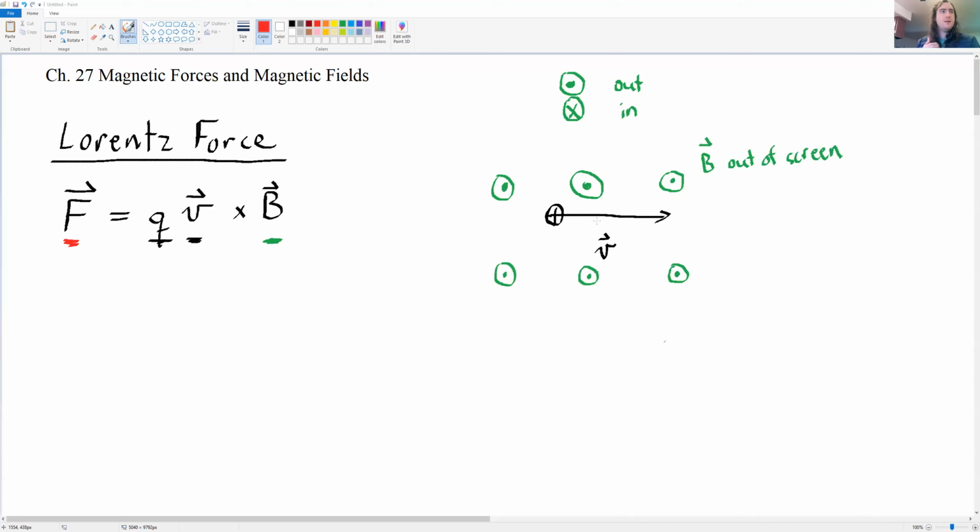So for me, I'm putting my fingers in the direction of the velocity. Okay, so you can kind of maybe see on the video. And then the magnetic field is coming out of the board. So for me, I have to turn my hand over upside down. My fingers are still pointing in the direction of the velocity, but now I can curl my fingers out of the screen, away from the screen, and you can see that my thumb is pointing down right now, right?